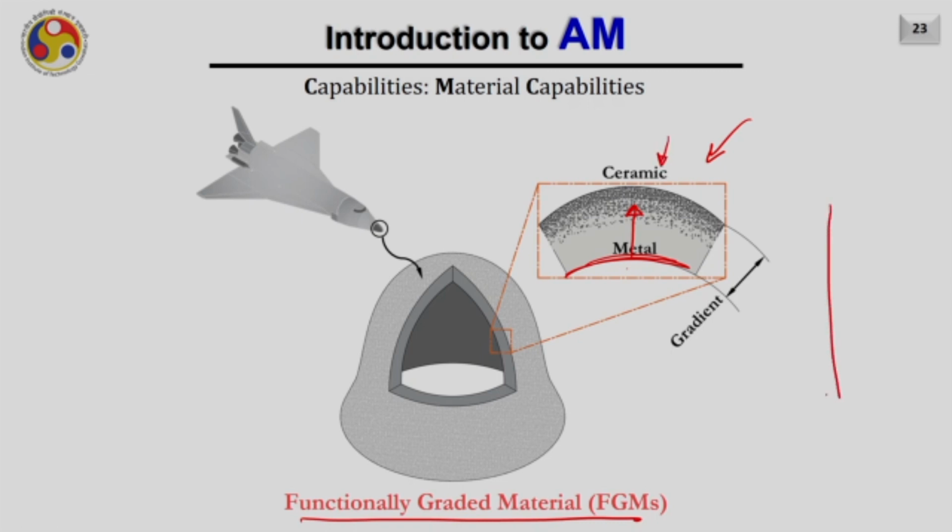You can define an appropriate curve of how the percentage of metal should change from this end to this end. And appropriately, while scanning each cross section of the layer, you can add the appropriate material.